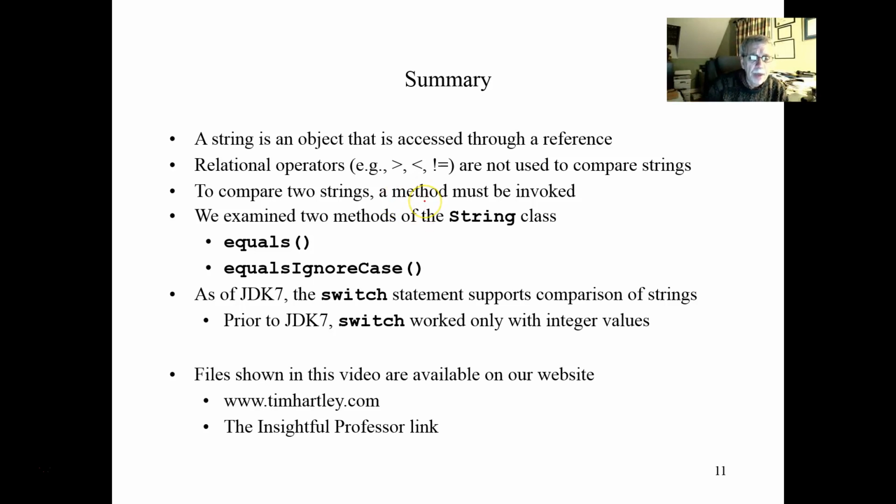So we have to use a method. And the two methods that we discussed with the string class would be equals and equalsIgnoreCase. And just a reminder that equals can be implemented in user-defined classes. And again, as of Java Development Kit version 7, the switch statement supports comparison of strings.